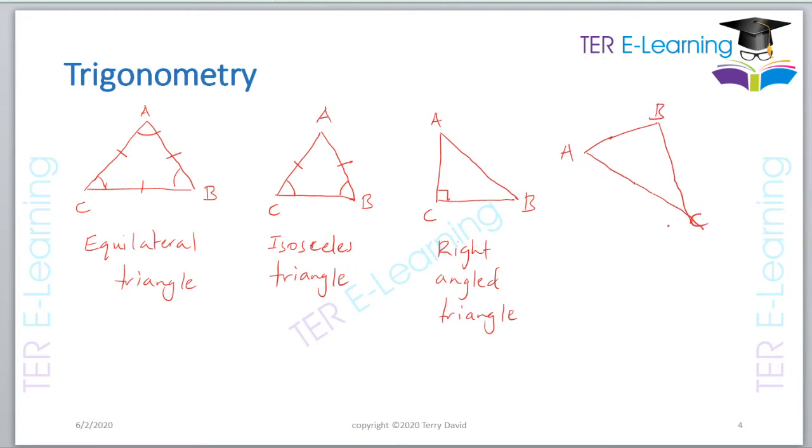So all angles different, or lengths different, what do we call this triangle?